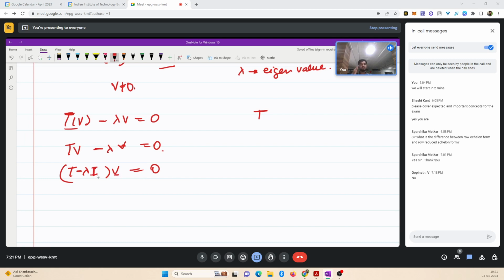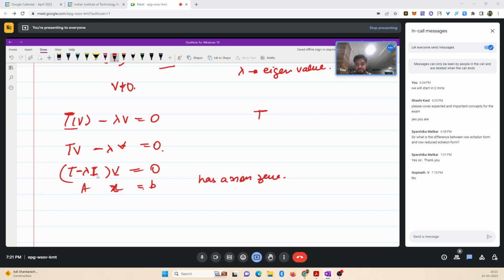This is a system of equations, right? This is A, this is x, this is b. So if this system of equations has a non-zero solution, then I would get a non-zero v, right?